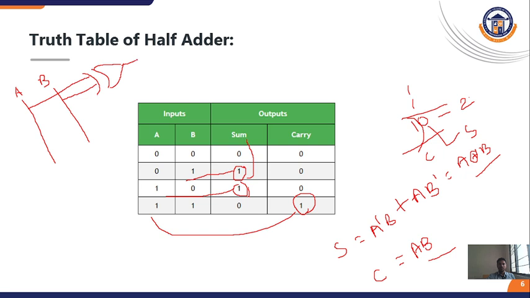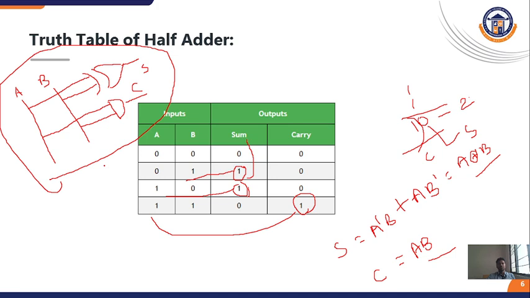That output is the sum. For carry, the two inputs are given to an AND gate, and that output is the carry. So this is the combinational logic circuit for the half adder.